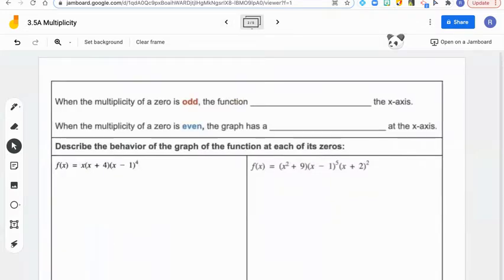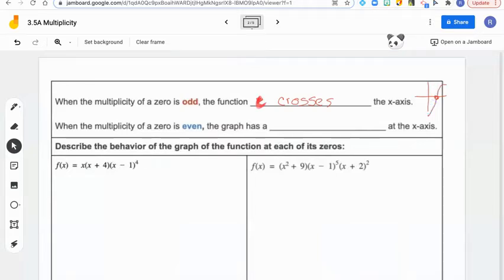So when the multiplicity of a 0 is odd, the function crosses the x-axis, so it will go right through it. So if our 0 was here at 1, it would go right through that 0.